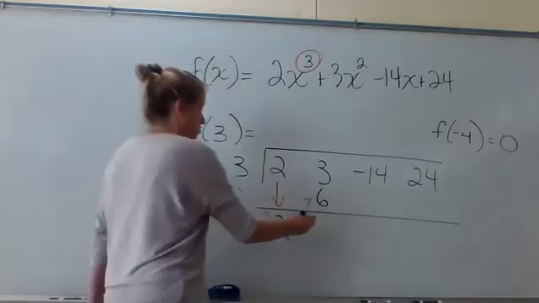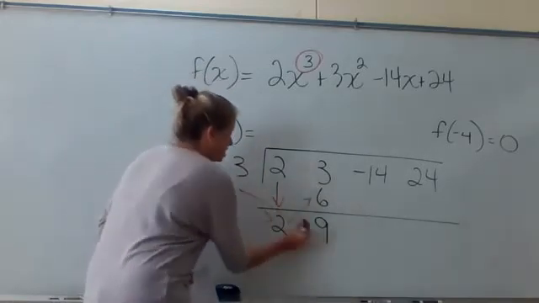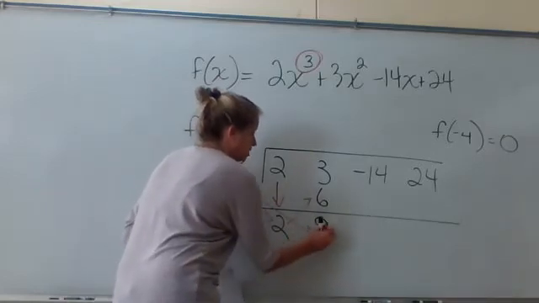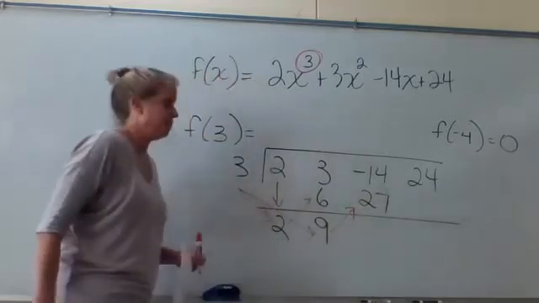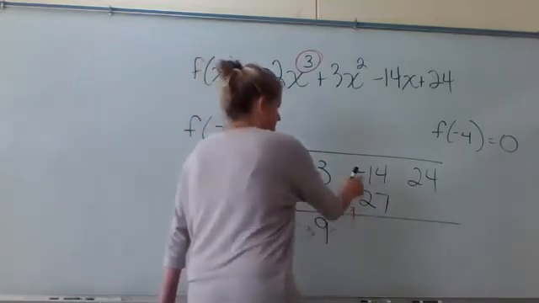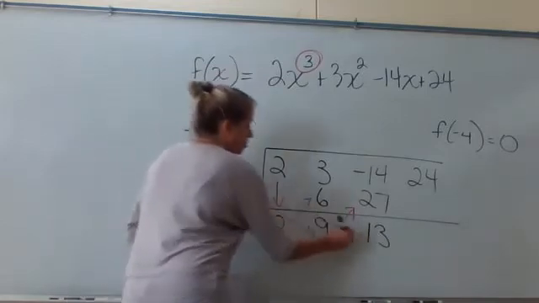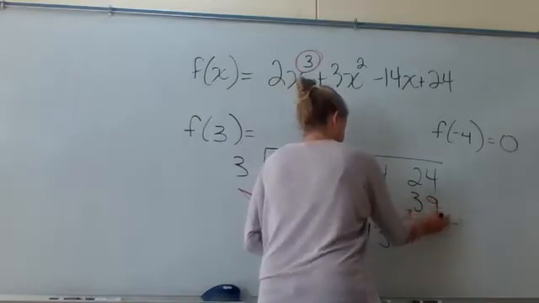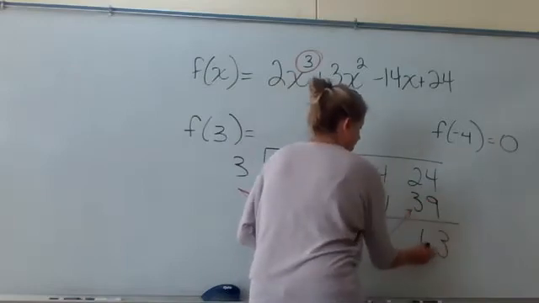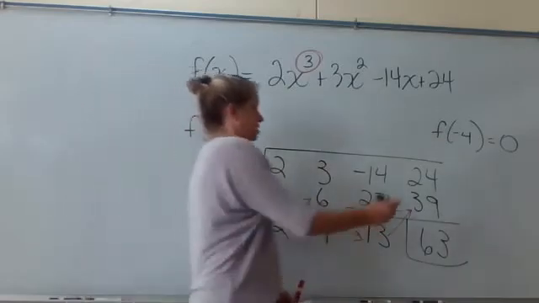Add it straight down. 3 and 6 gives me 9. 3 times 9 gives me 27. If I add that straight down, -14 and 27 is 13. 3 times 13 is 39. If I add that straight down, I get 63. So f of 3 is 63.